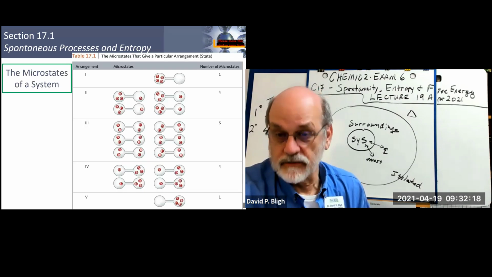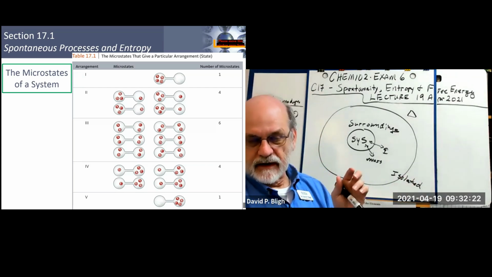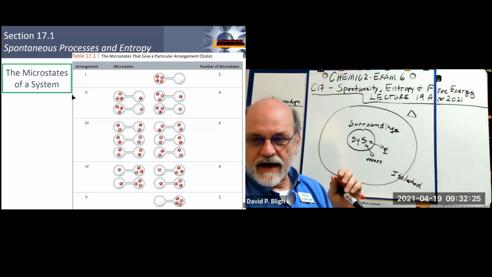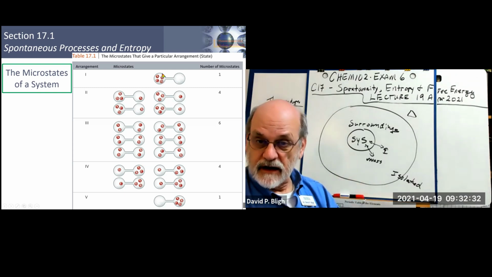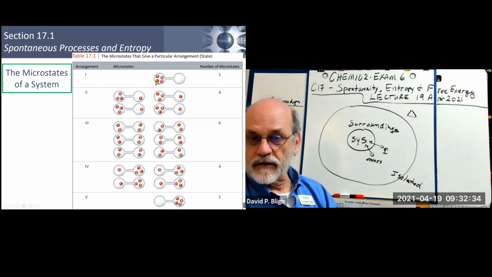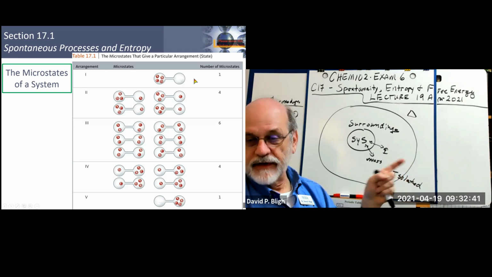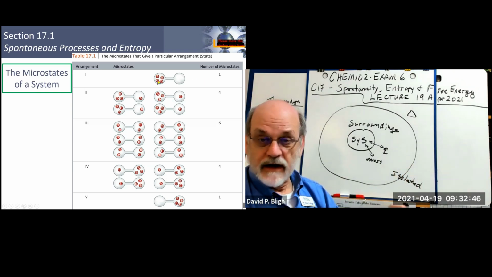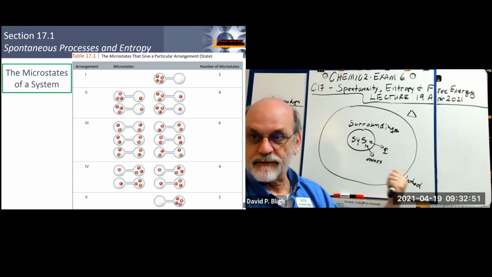So if you have, well, let's go to the next slide and we show an example here. Let's keep it really simple. Let's say we have these two bulbs, and statistically speaking, there's a probability that all of those four molecules will stay on one side when you open the valve, and they won't move. That's one microstate. Another microstate would be if all of them move to the other side and leave a vacuum on the side that they just left behind.